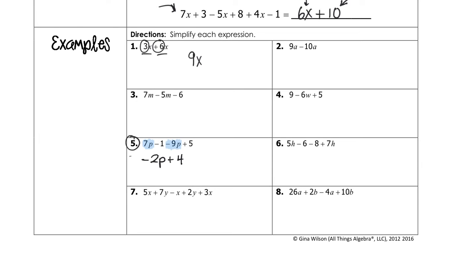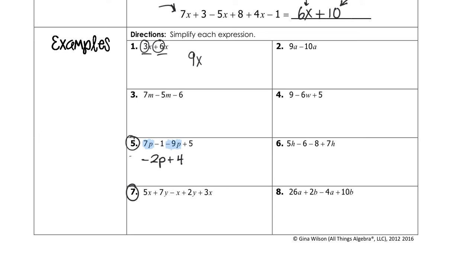The last one I'm going to do is number 7. Notice we have x's and y's. What's important here is that an x is an x and a y is a y. We don't have anything here saying that x's and y's are equal to one another.